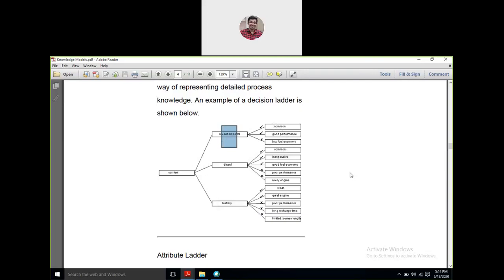In case of diesel, it is very common, inexpensive, and has good fuel economy, but poor performance and noisy engines. In case of battery, it is a clean, quiet engine, but has poor performance, longer charge time, and limited journey length. So these are for you to make the decision. These kinds of ladders help you make decisions in the long run while you're taking up these ladders.